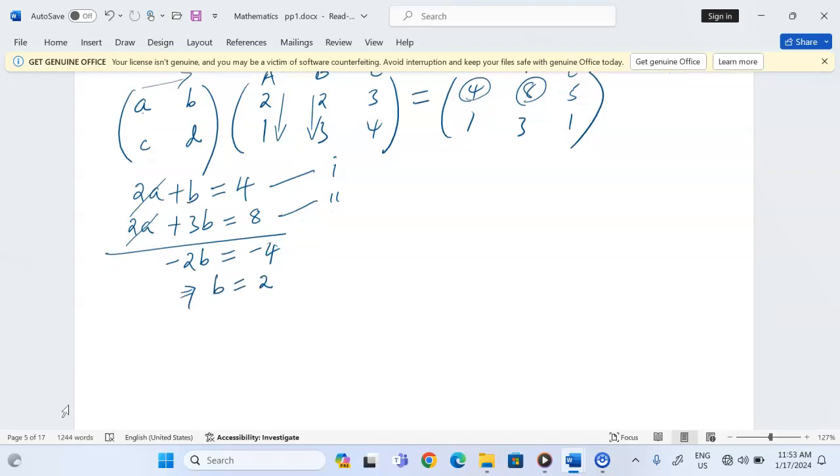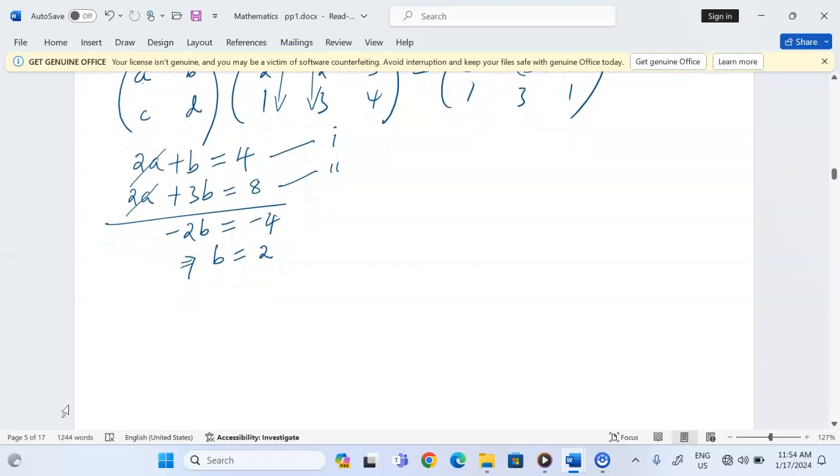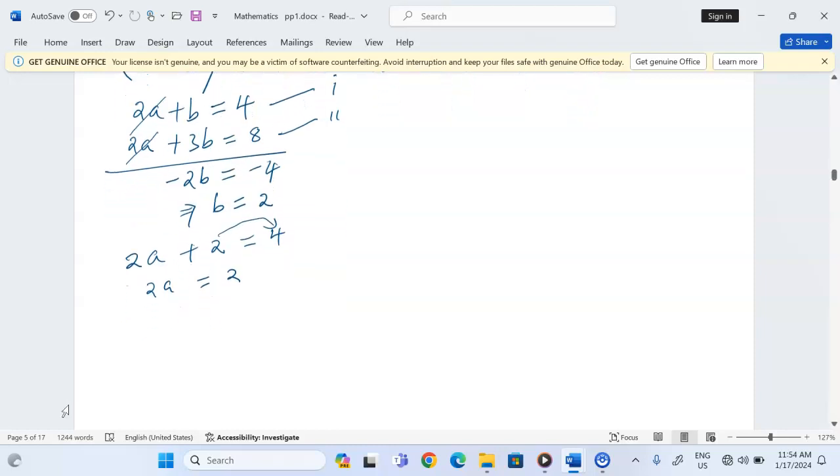With this, we can get the value of A by substituting in any of the equations. Picking equation 1, 2 times A plus B, which is 2 now, equals 4. Then 2A equals 2, because when we take 2 to this side, it will be subtracted, and we conclude that the value of A is equivalent to 1.